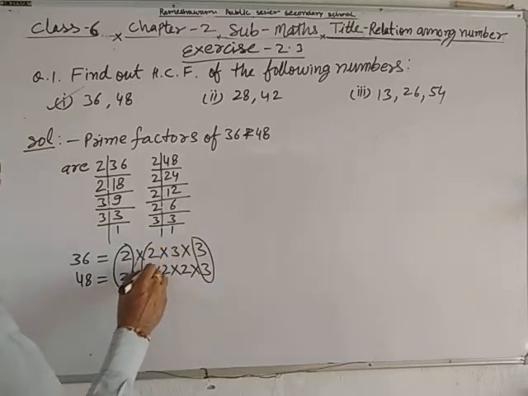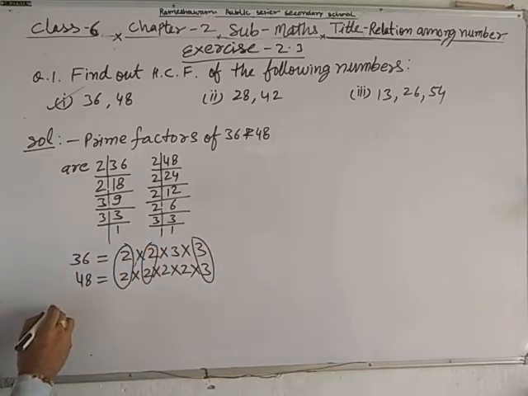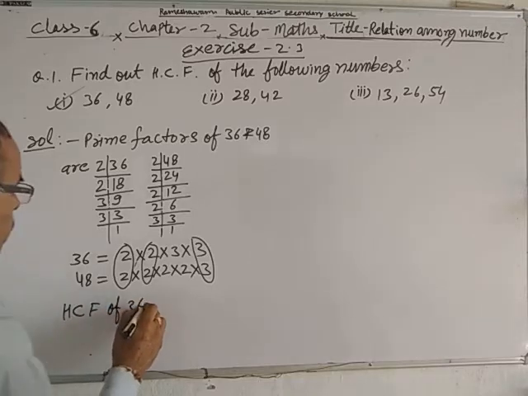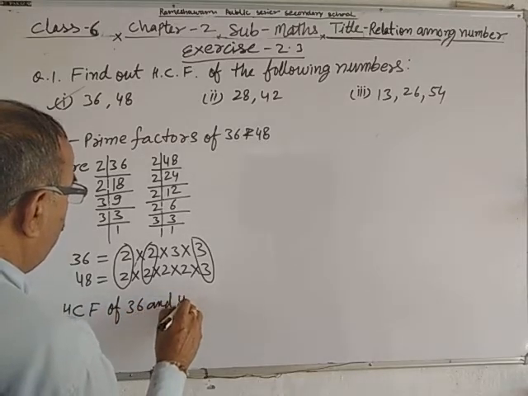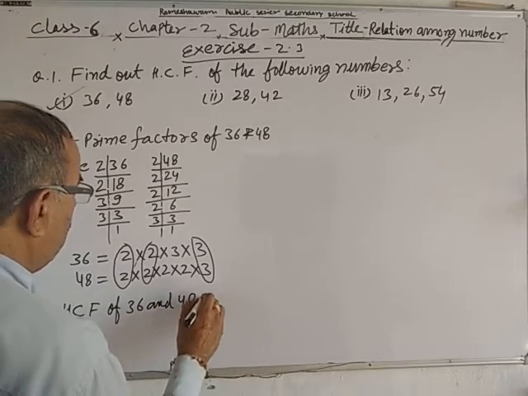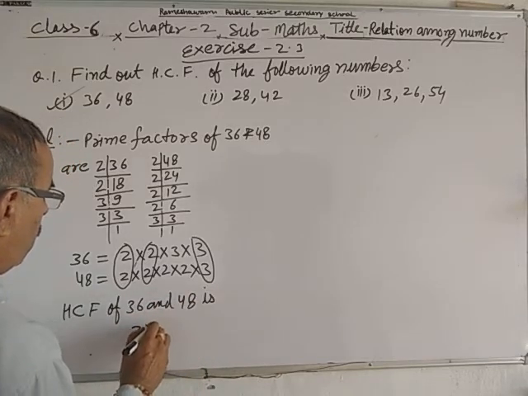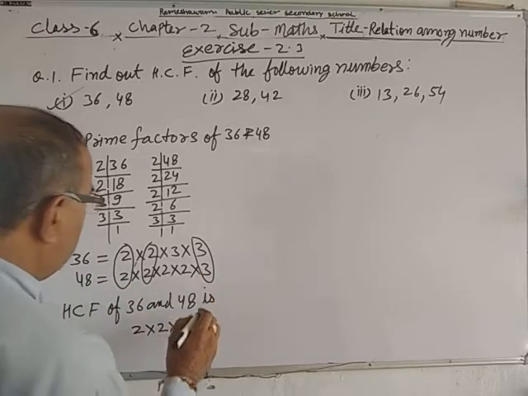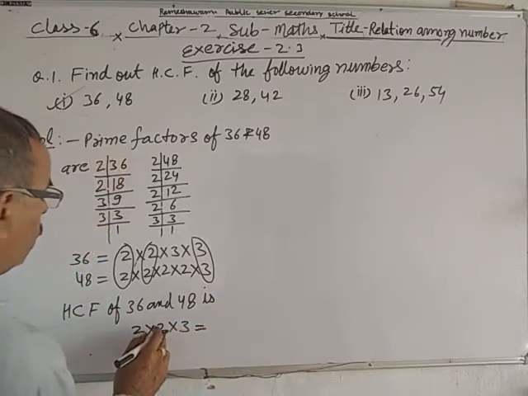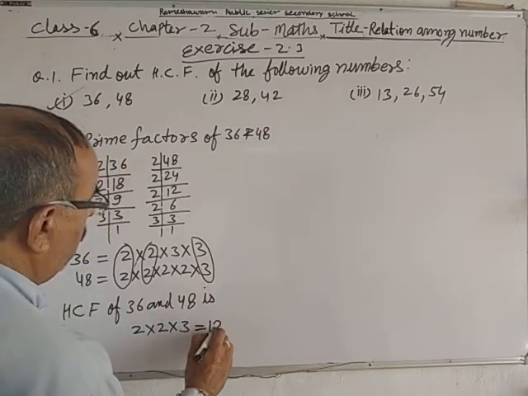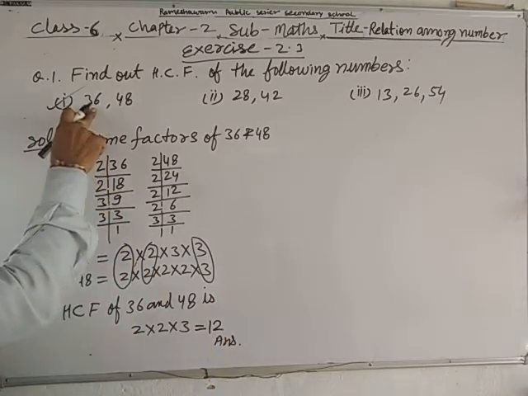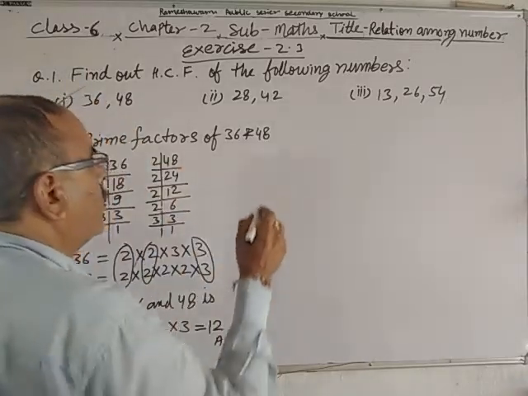The HCF of 36 and 48 is 2 into 2 into 3. 2 into 2 into 3 equals 4 times 3 equals 12. Answer: 12. 12 times 3 is 36, 12 times 4 is 48.